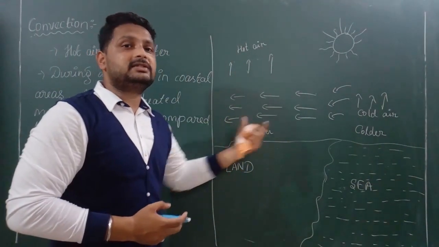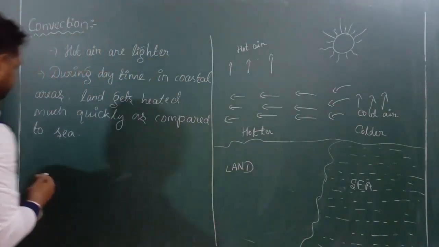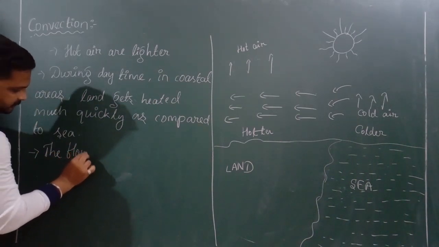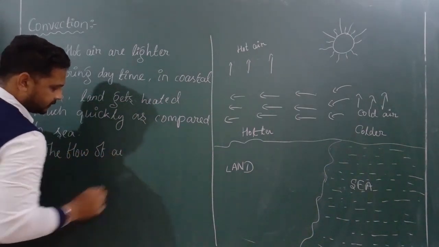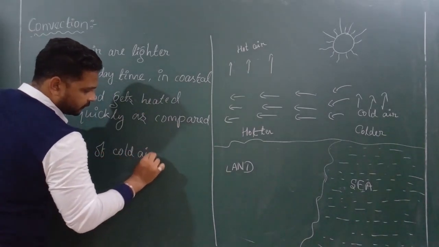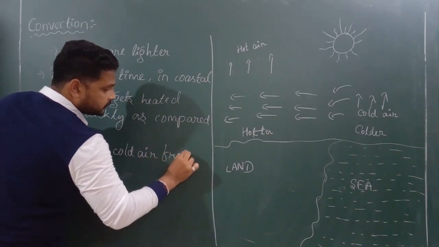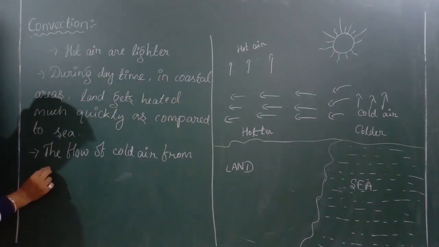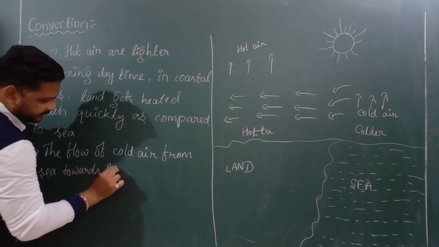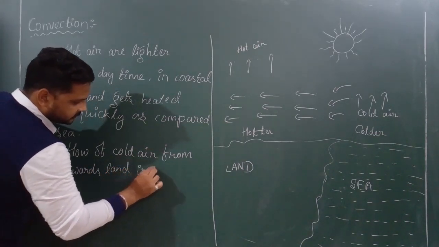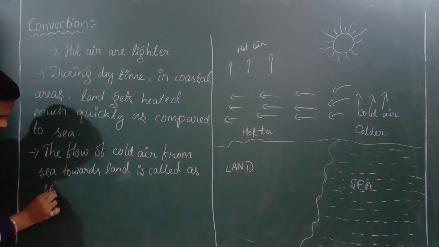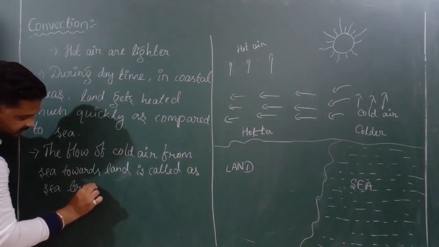This flow of wind is called sea breeze. The flow of cold air from the sea towards the land is called sea breeze.